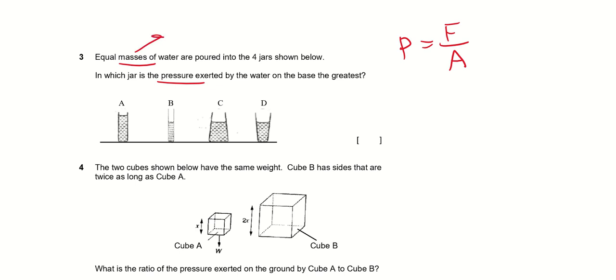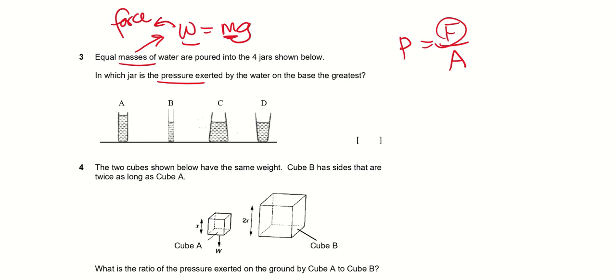Now if they give us mass, it is not your force, it is not the weight. I need to do one step. Weight equals mg, where mass is multiplied by gravitational field strength to give us the weight, which is actually a force.